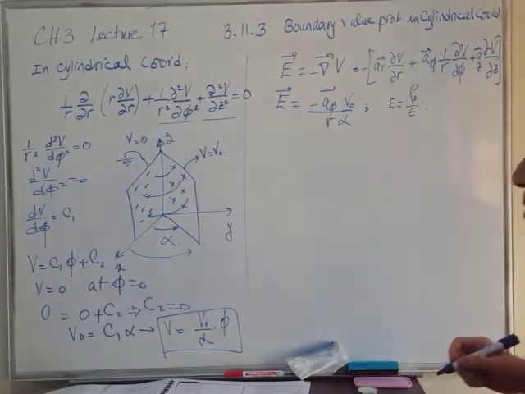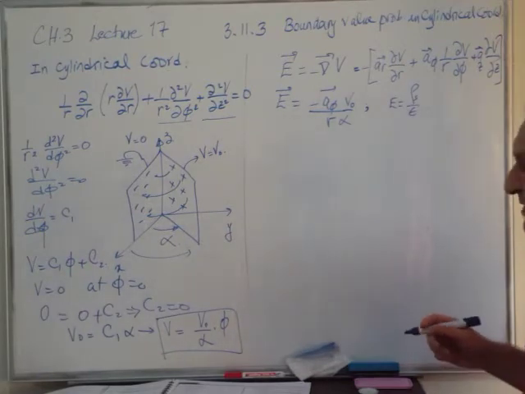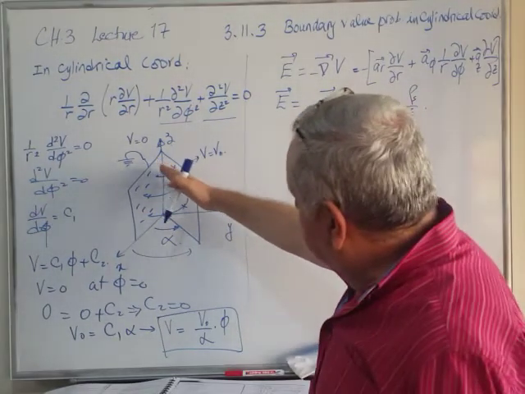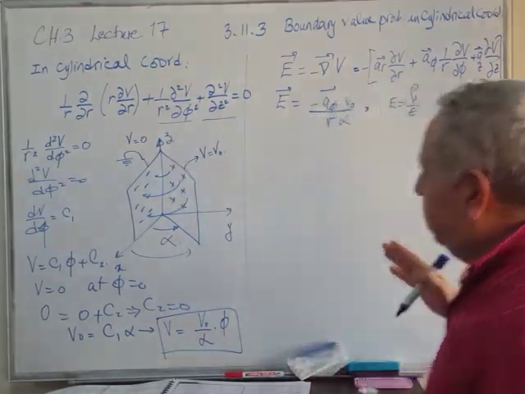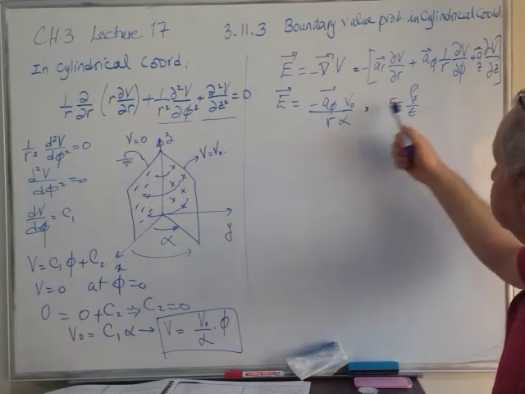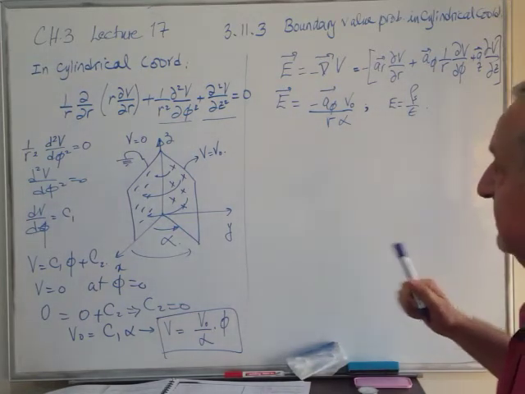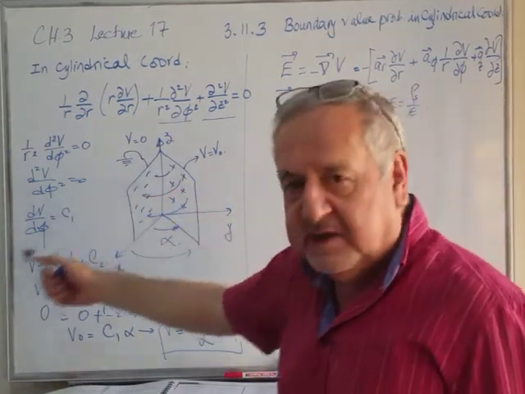So not only the field varies, even the surface density of charge varies. As you go very far away from the z-axis, the electric field decreases, and the surface charge density remains positive here and decreases, remains negative there and decreases.